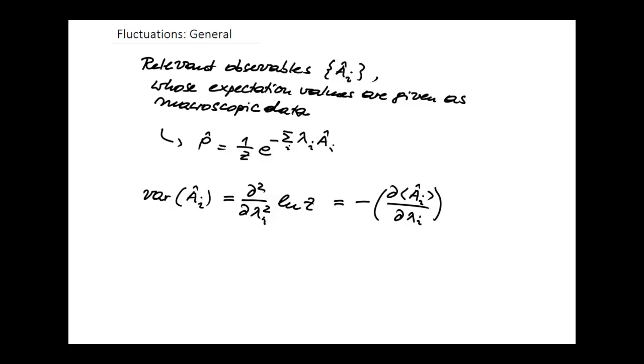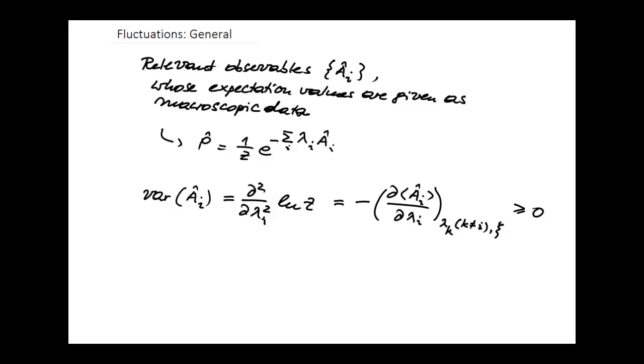When you take this partial derivative, you keep fixed all the other lambda_k, k different from i, and in case you have control parameters or other sharp constraints psi, you keep those fixed as well. And a variance is always non-negative, so once again, this is always larger or equal to 0. So this is the general formula for fluctuations of the relevant observables in a macrostate.